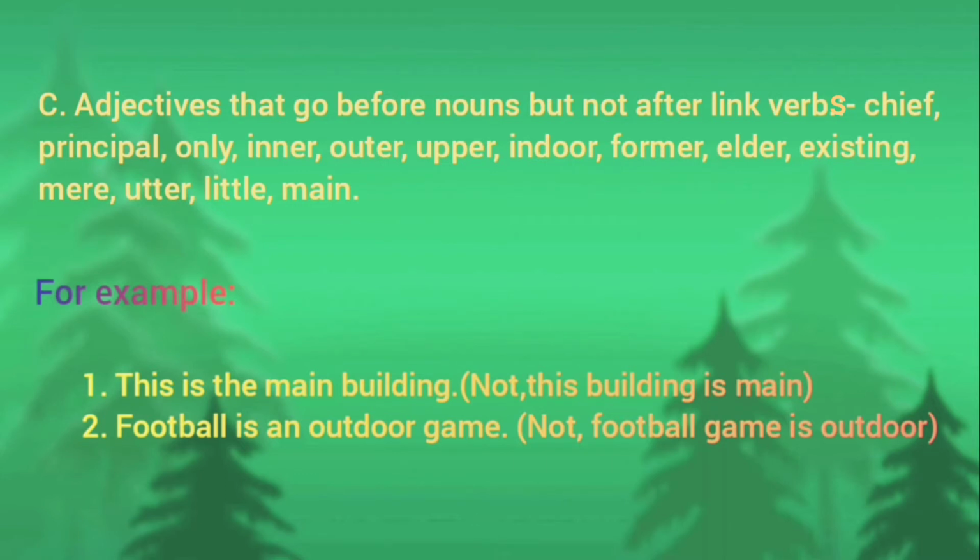These are some adjectives which go before nouns. For example, this is the main building. We can't say this building is main. Next sentence: football is an outdoor game. We can't say football game is outdoor.